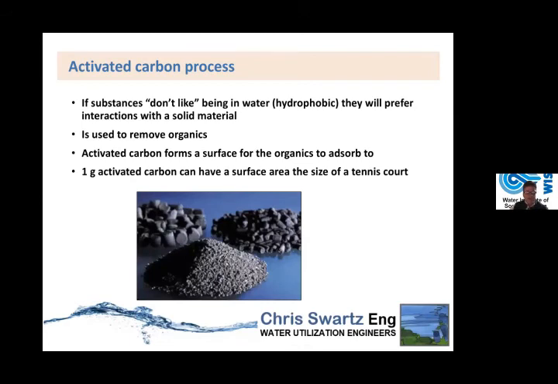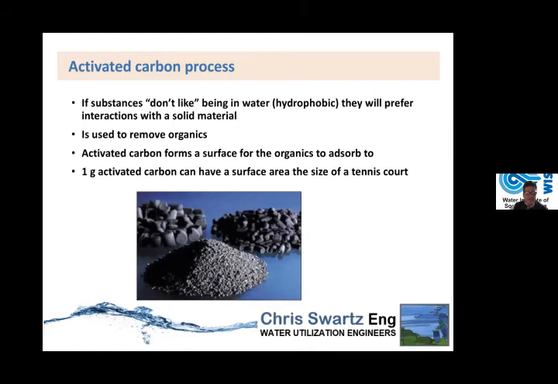Activated carbon basically adsorbs organic material. You can remove things like your micropollutants that way. You can do color removal to an extent if your loading is not too high. You can remove chlorine and other products as well, but mostly it is for organics.